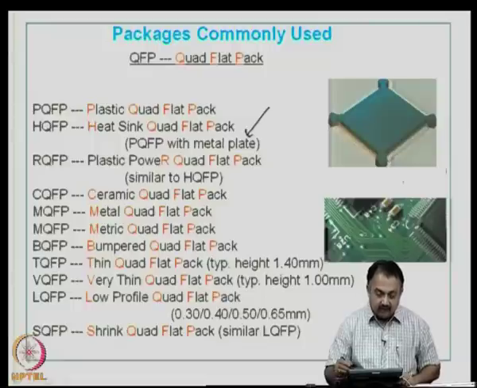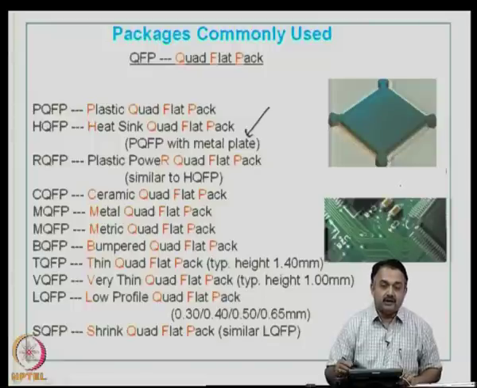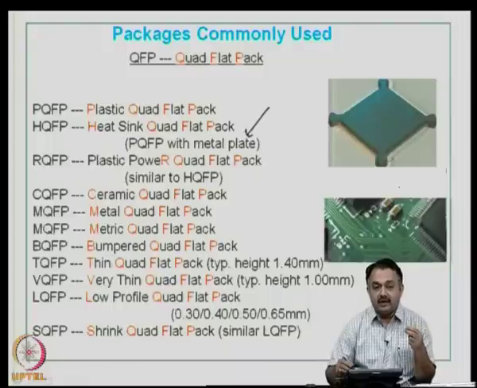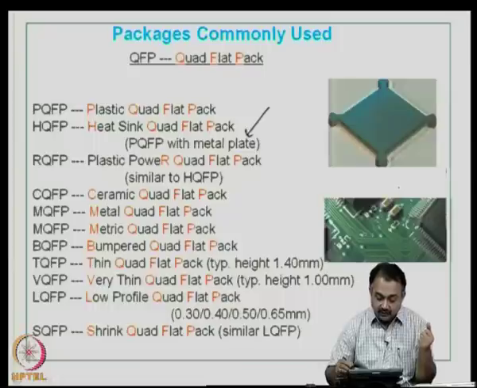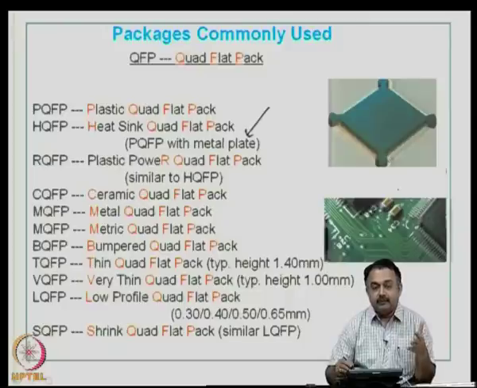So, if there are QFPs that are designed and which can produce heat during the power up, during the working of the device or the system, then based on your design you have to embed a heat sink.